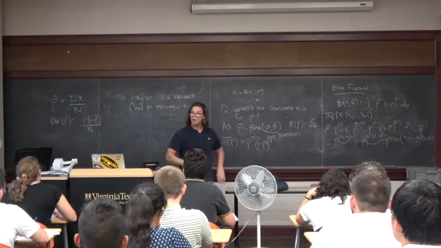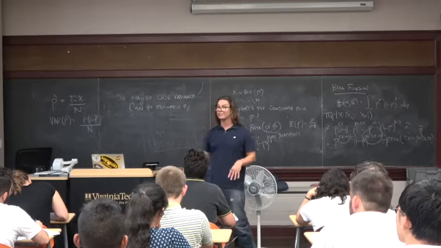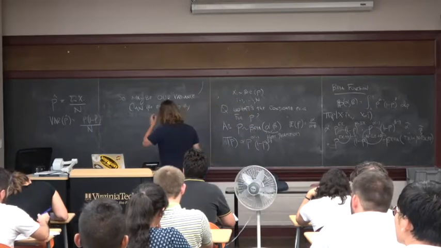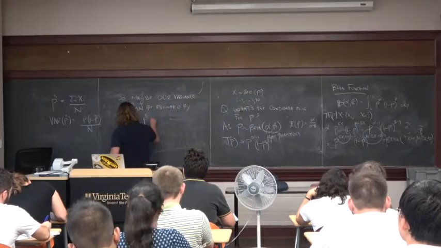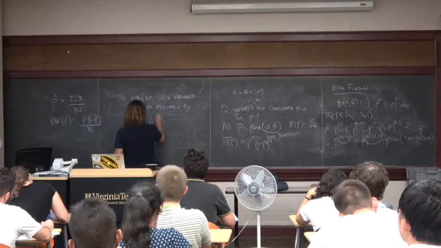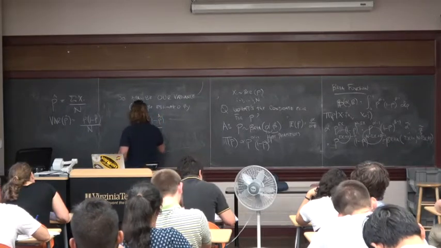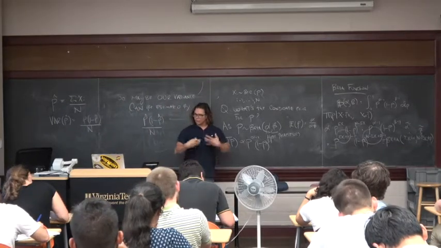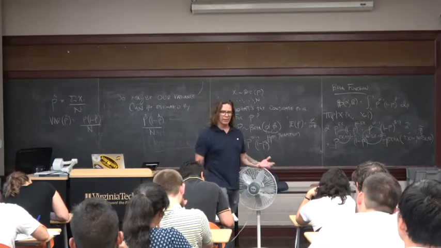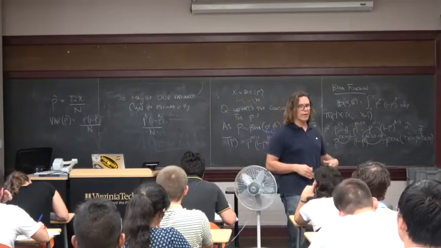If I knew p, I wouldn't even have to discuss the variance of this. So I might estimate it by p hat times 1 minus p hat over n. I plug in my estimates for it. This is called pivoting. You build a confidence interval this way.